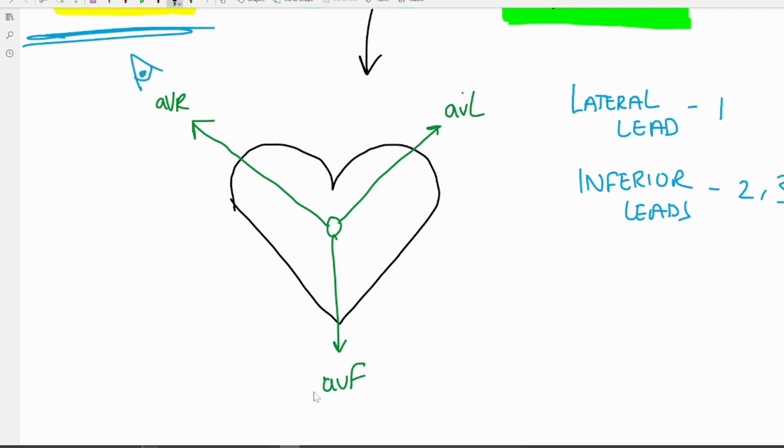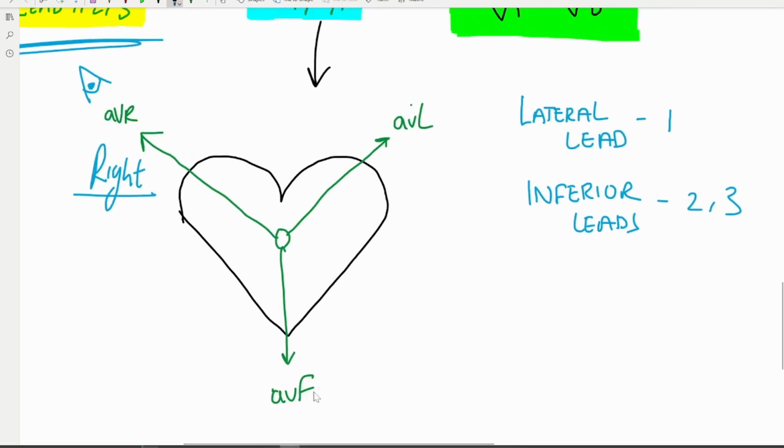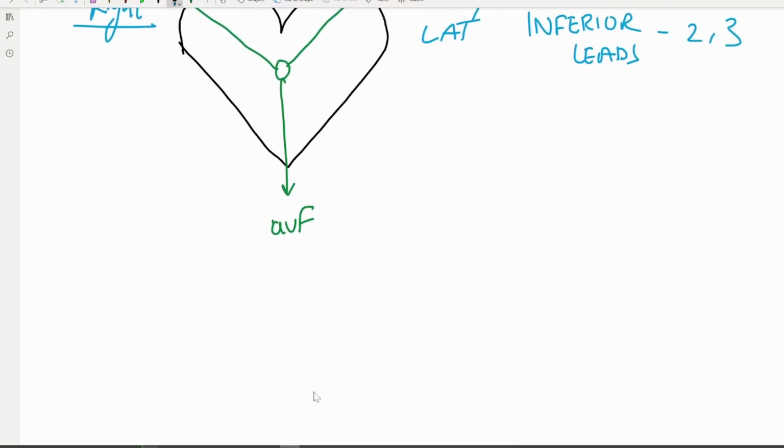And where is this lead going? In the perspective of our eyes, we can see the lead going towards the right side. Okay? What about AVL? AVL, let's see, our eyeball is going towards the left. So this is left, or lateral. What about AVF? It's going underneath the heart. So let's call this inferior.